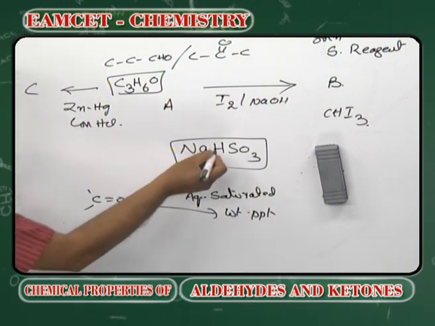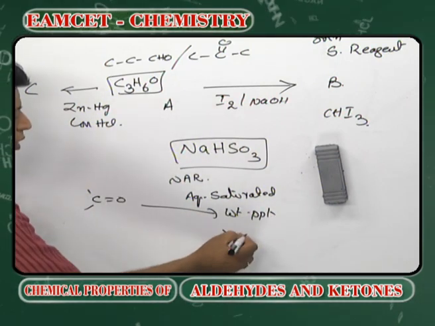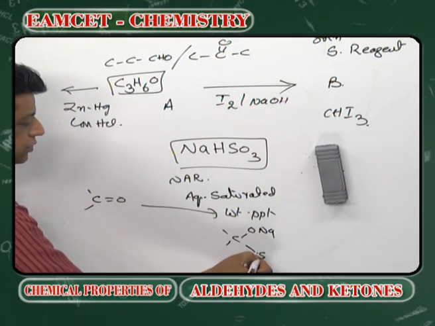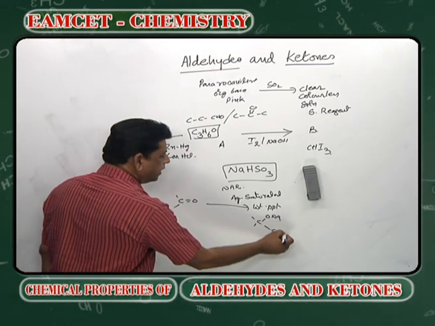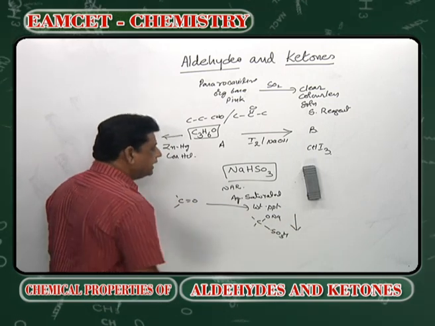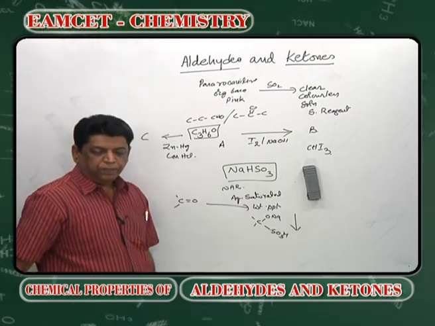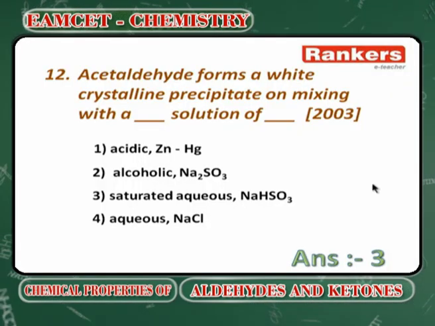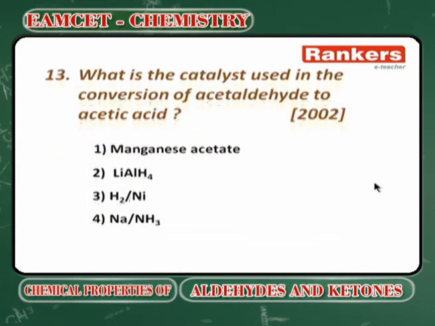What is that compound? The added compound will be formed. O will become ONa, and the entire HSO3 will be added on one side. So this compound is a white crystalline product. So therefore aqueous solution of sodium bisulfite, that is the third answer, is the right answer.